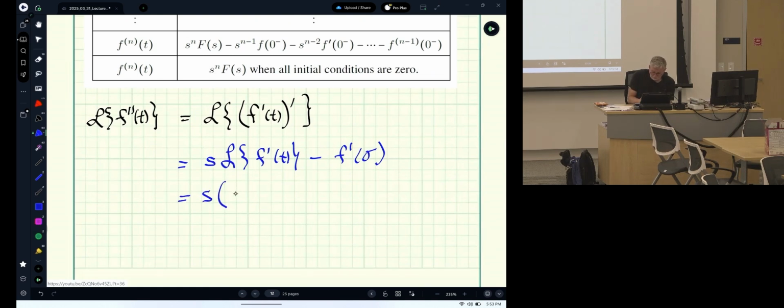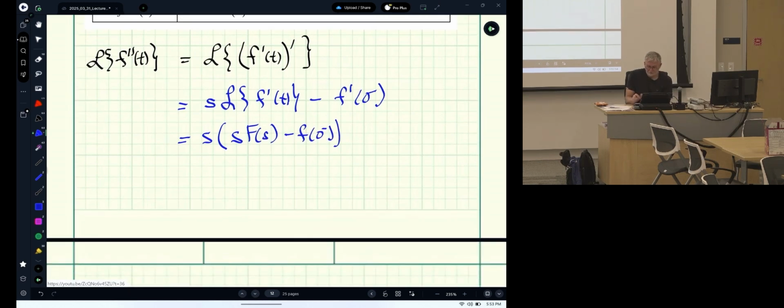And then this is s F(s) minus f(0) prime. And you multiply these out. In the second derivative, you get an s squared. Surprise, surprise. And then we'll see that these are how initial conditions of ODE show up.